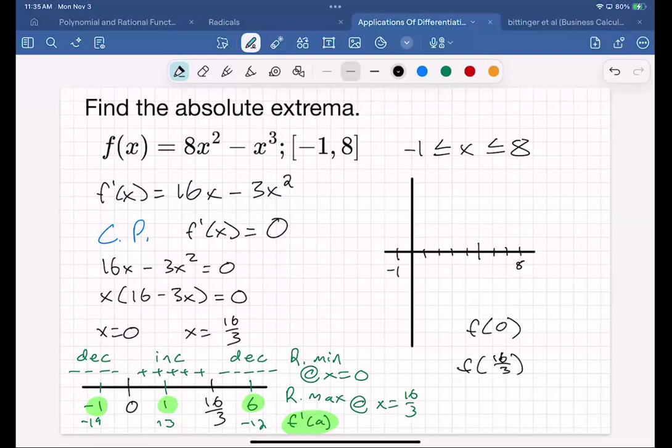But then we also need to plug in f of -1 and f of 8. So anytime you're trying to find absolute extrema, you want to plug in your relative extrema that we got from the critical points, and then you're going to plug in your boundary points.